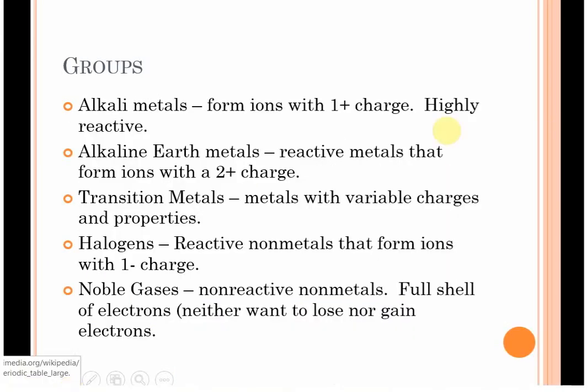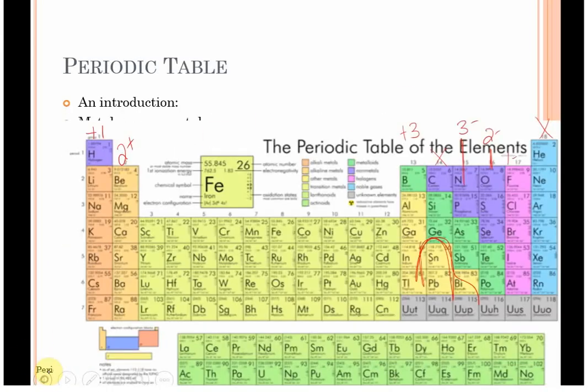Now, the halogens. This group right here is called halogens. They tend to be happiest when they're together. In fact, if you look at the Hofbrinkels, these are the elements that are only going to exist in nature as diatomic elements.